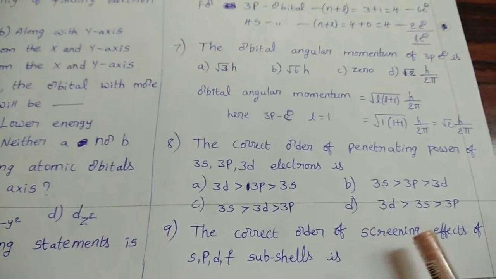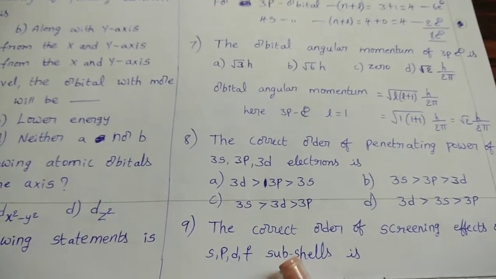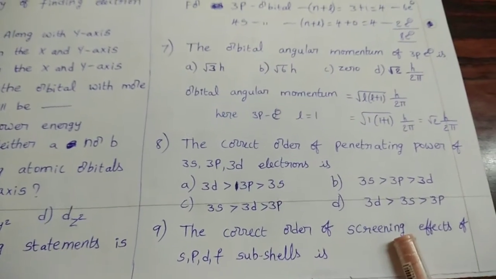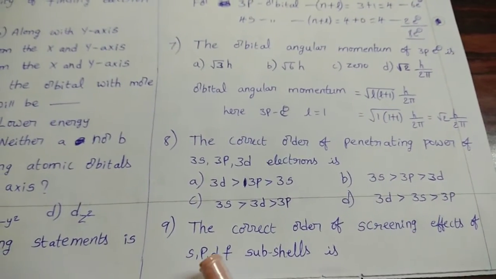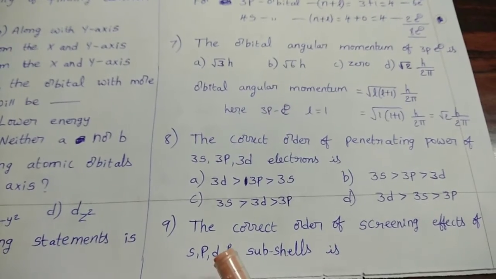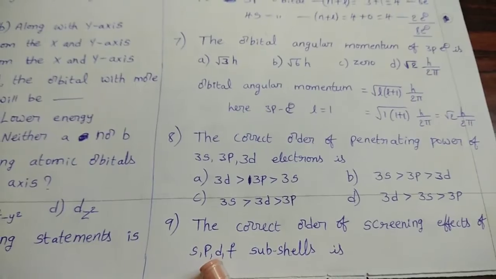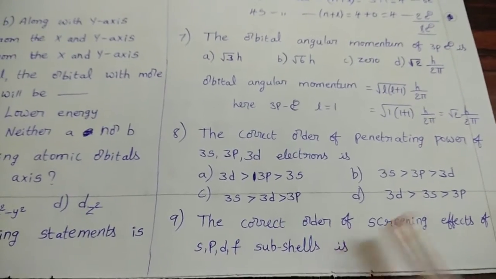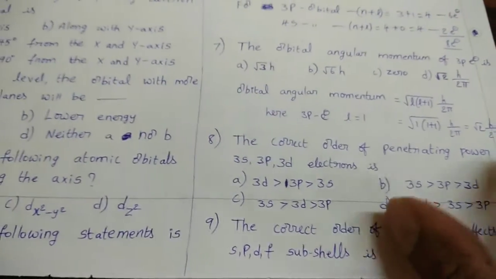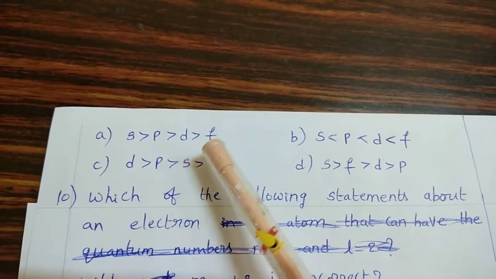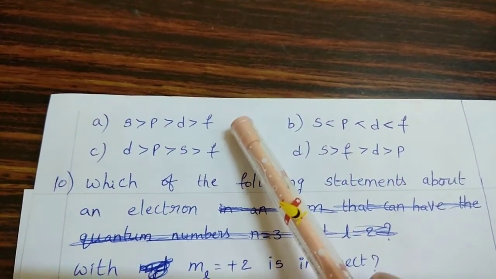The correct order of screening effects of s, p, d, f subshells is... Screening effect means the orbital which is closer to the nucleus can show more screening effect on the outer electrons. That's why the screening effect order for these subshells is s greater than p greater than d greater than f. Option A is the suitable option.